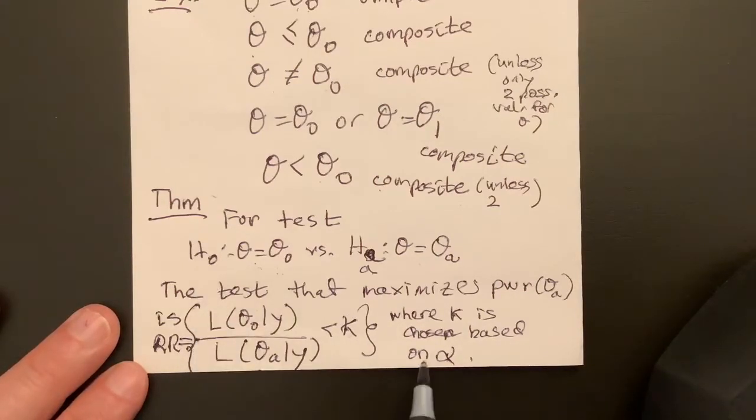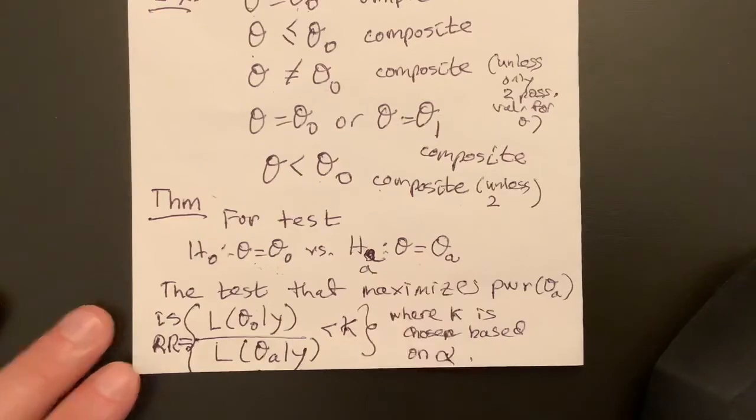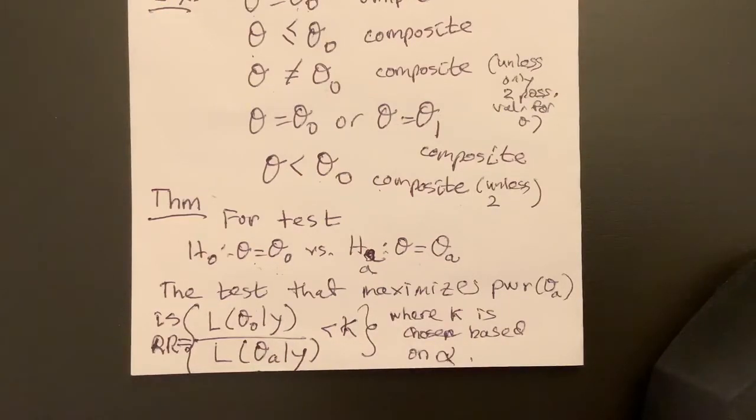I can set the probability of making a mistake if theta equals theta 0 to alpha, and then I can guarantee myself the best probability that I do reject if theta actually equals theta A. That's a great theorem, right? I like it. It tells you have the best test.